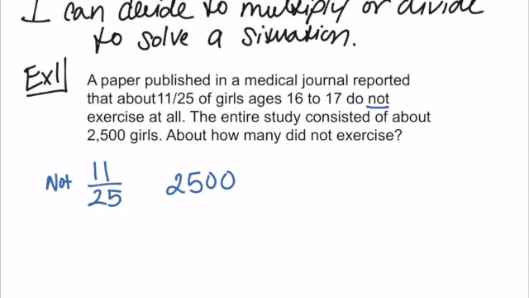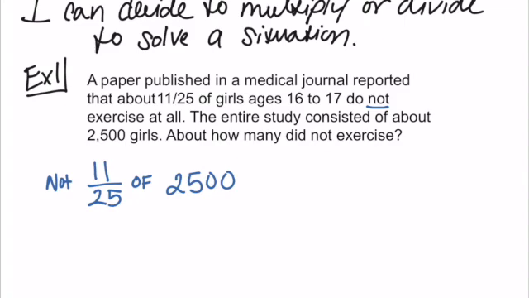So we want to decide if we're using multiplying or dividing to solve this problem. 11 out of 25 girls. So that's the fraction of 2,500. So we're going to go ahead and multiply to find the answer here.